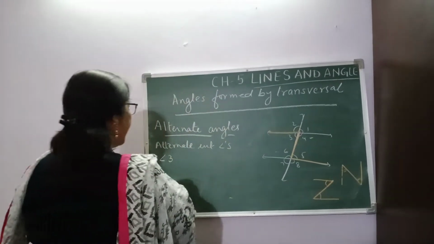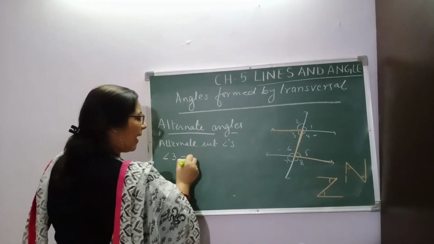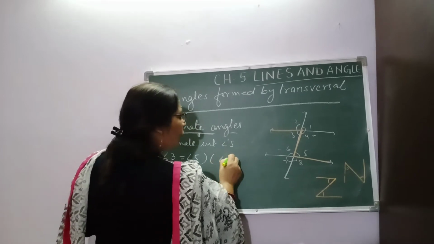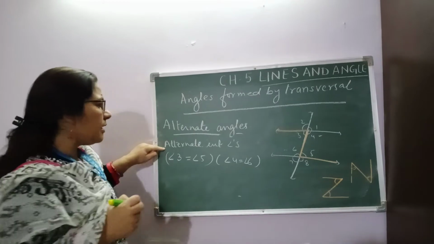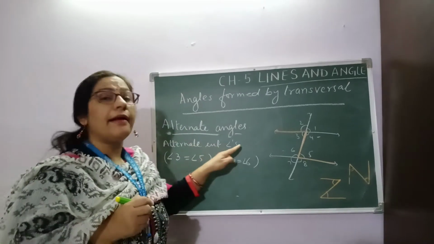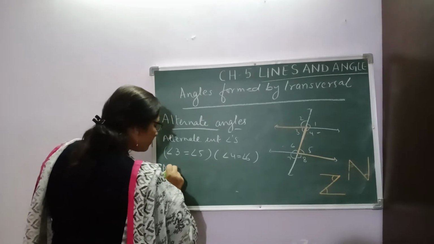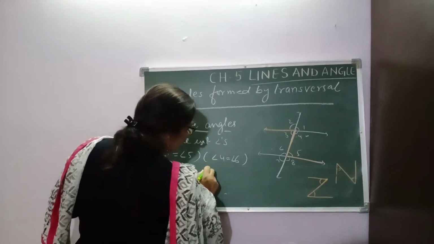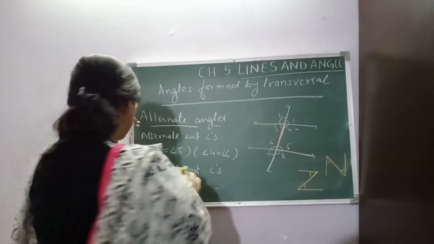Now the next point: we can write angle 3 is equal to angle 5, angle 4 is equal to angle 6 due to alternate interior angles. Now the next is alternate exterior angles. Now what are exterior angles?